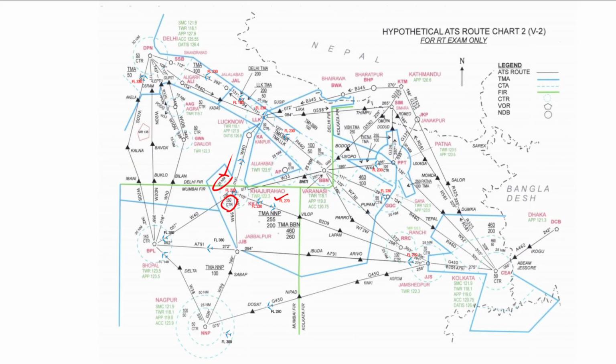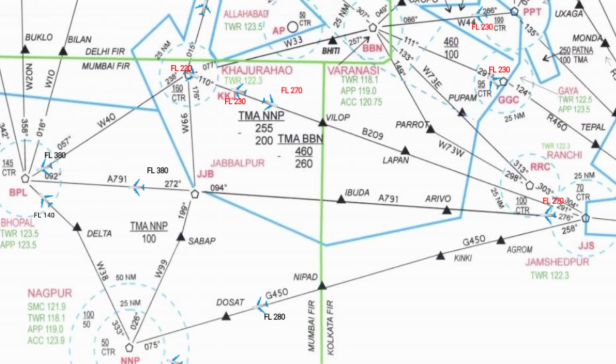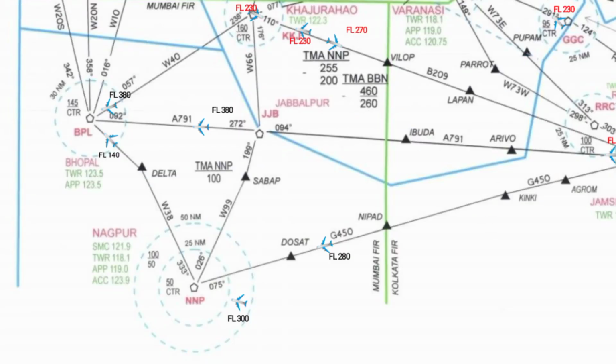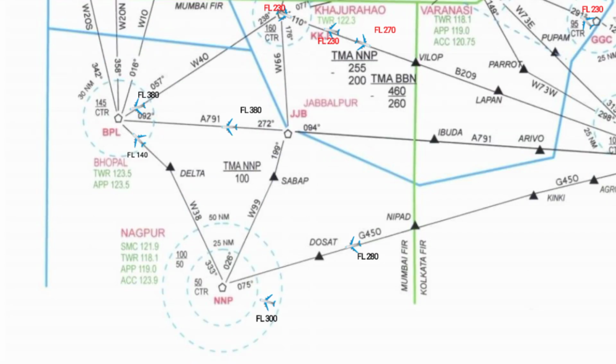So there are a lot of aircraft I have shown here. Let us say if the aircraft is flying at this particular altitude and this distance, to whom should he call? For example, here you can see there is an aircraft flying at flight level 300. That means it is flying at 30,000 feet, and his distance will be around 40 nautical miles from this Nagpur. So distance-wise, he is not even within the airspace of approach.